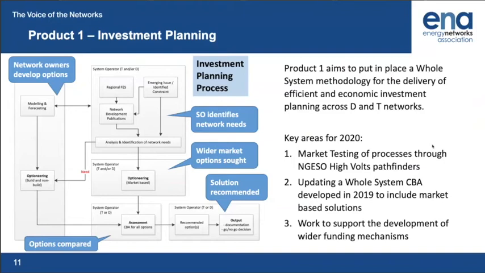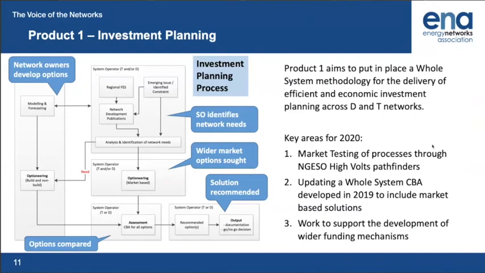And that would be looking at whether the best solution might be, let's take, for example, a transmission system issue. The best solution might be a transmission network reinforcement solution. It could be a reinforcement to a DNO network, which would provide support to the transmission system. It could be transmission connected flexibility, or it could be DNO connected flexibility.